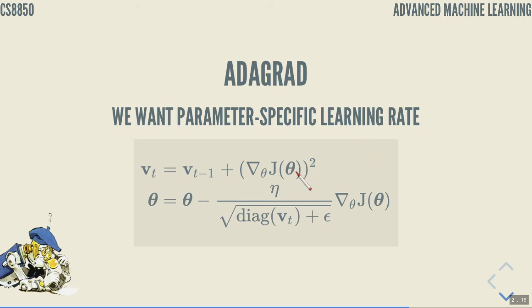So what we actually have is we're squaring the gradient element-wise. It's still G, but it's every G_i squared, and then we're accumulating, just adding and adding all of the previous ones. So it's like an additive square of the gradient, and then dividing by the square root of the diagonals.